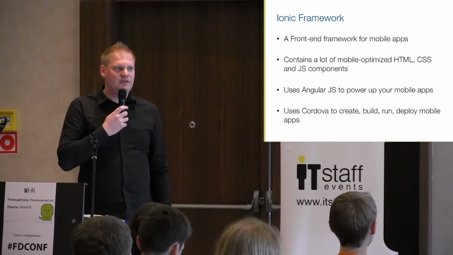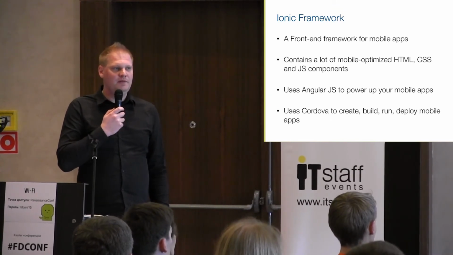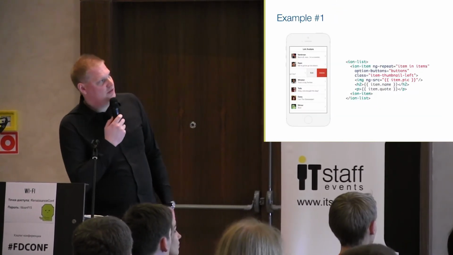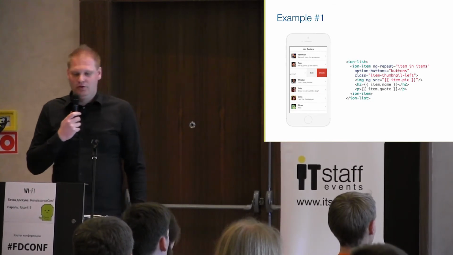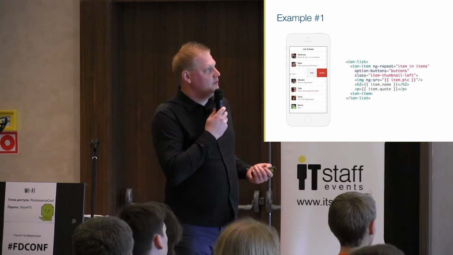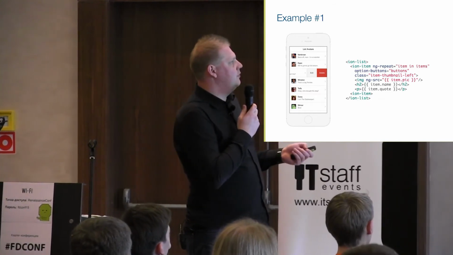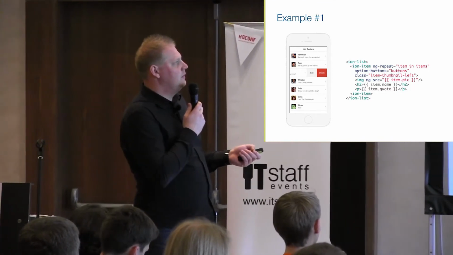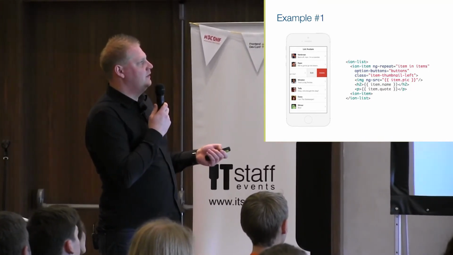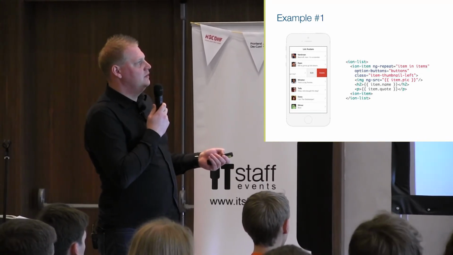All you need to know is about 10 lines of code to make it work, and all you see is a really nice list hooked up with Angular. So what I'm really making right here is creating an Ionic list and starting one item. And one item is actually hooked up to AngularJS.